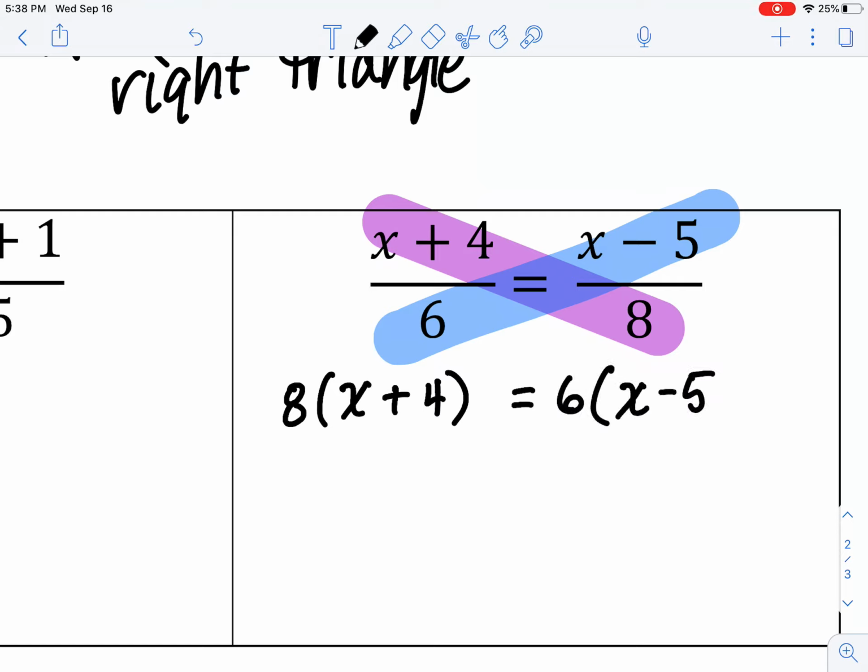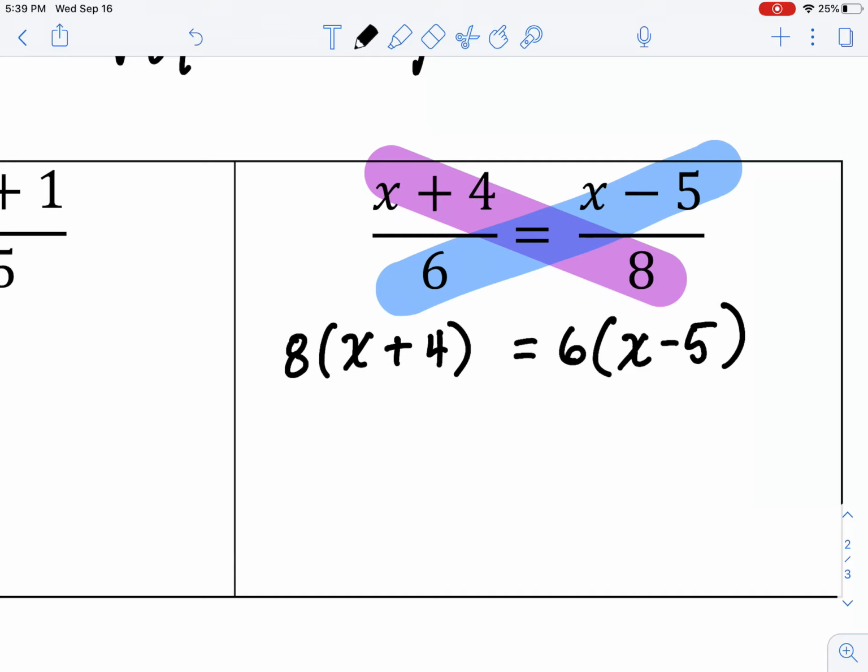So now we're going to need to distribute because we can't just divide both sides by 8 and get rid of it because we have that 6 over there. So we're going to need to distribute, and we would get 8x plus 32 equals 6x minus 30. Okay?